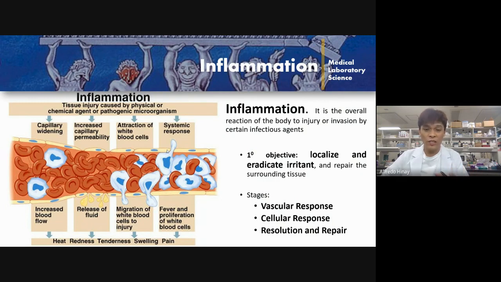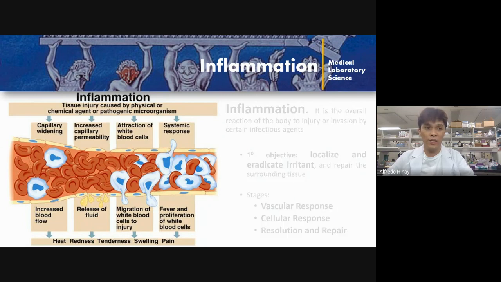The localization is more on the vascular response by vasoconstriction, vasodilation, and then you have your eradication of your irritants via your cellular response through phagocytosis, and then the repair of the surrounding tissue by your resolution and repair. Basically, these are the 3 stages that we need to understand by heart.